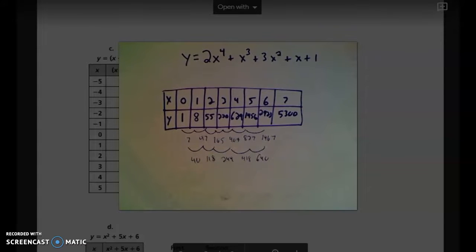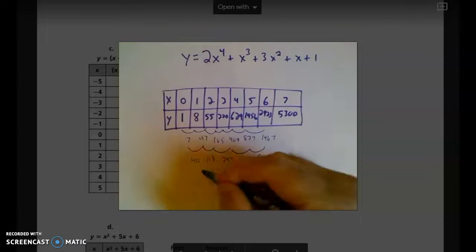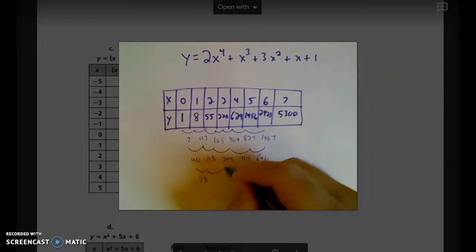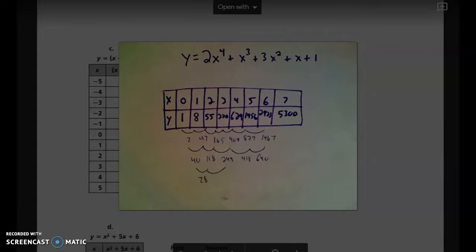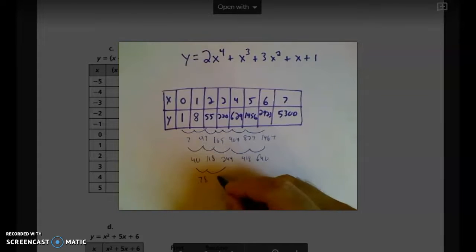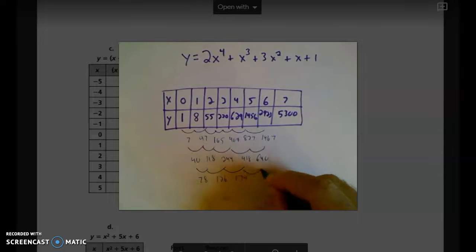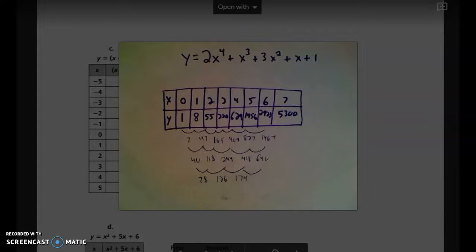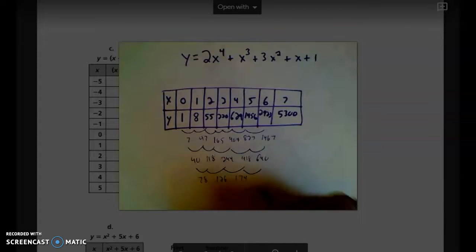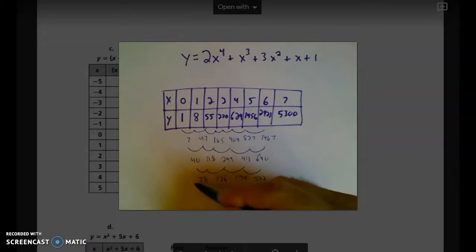Now we find the third difference, which is 78 here. 244 minus 118 is 126. 418 minus 244 is 174. And 640 minus 418, 222. So that'd be the third difference.